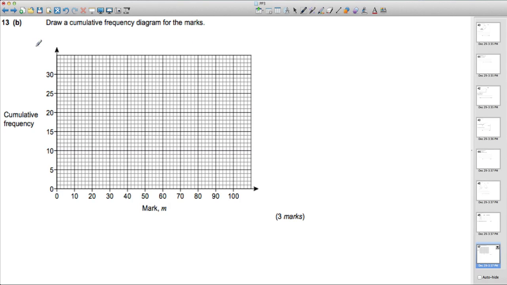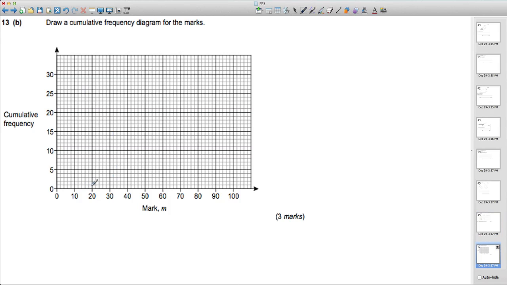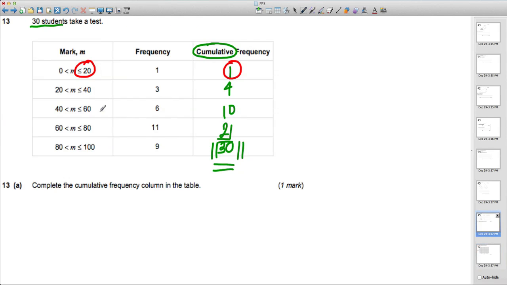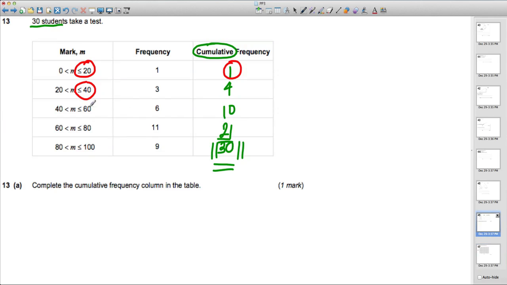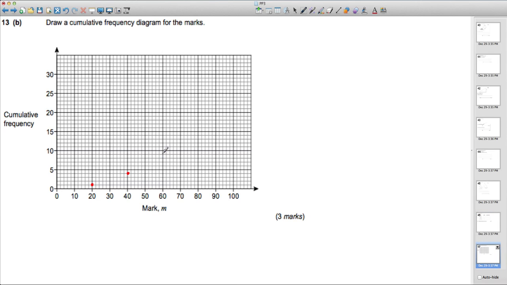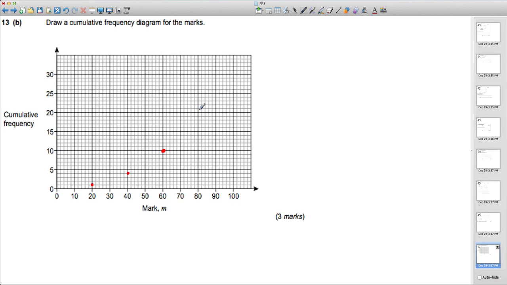Okay, draw a cumulative frequency diagram for the marks. For these ones, you always plot the upper bound against the cumulative frequency. So plot 20 against 1, then 40 against 4, then 60 against 10, and then 80 against 21.